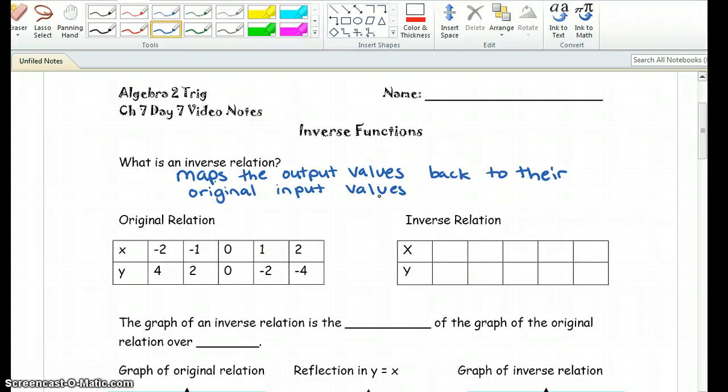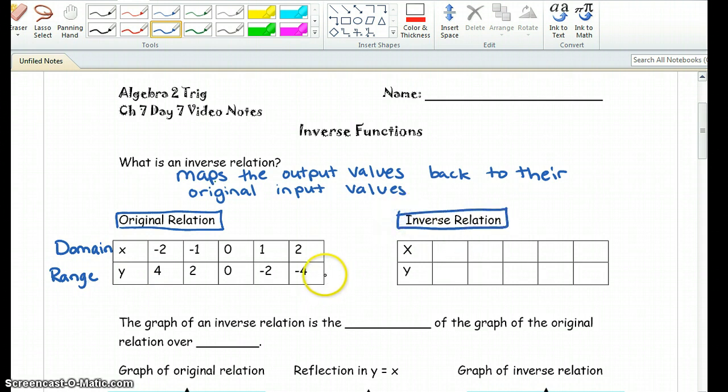For example, let's say this is the original relation. We can see the x's in this case are the domain, and the y's are the range. An inverse relation would then be the range becomes the domain, and the domain becomes the range.